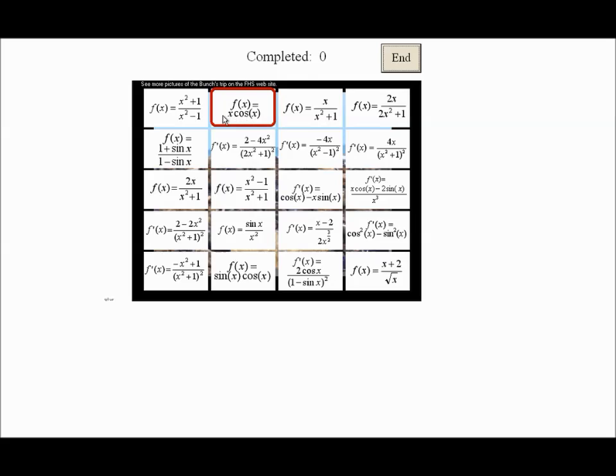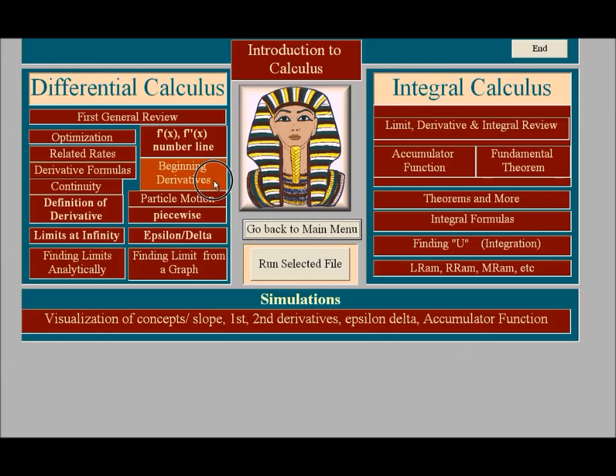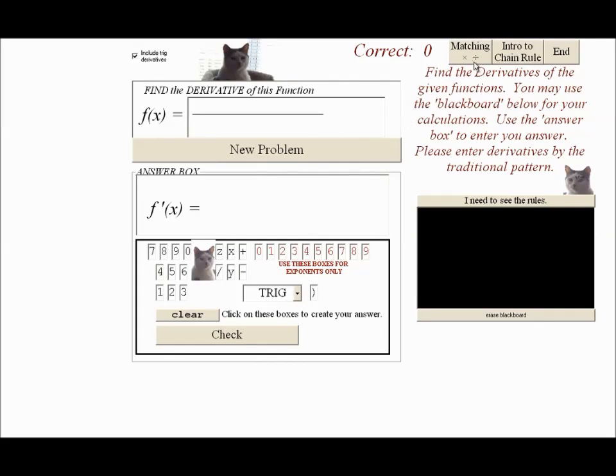First times the derivative of cosine is minus sine, so plus the second times the derivative of the first. I think it's this one, and since it's a match, it connects. So this is just a matching with that many problems that you can use for review.